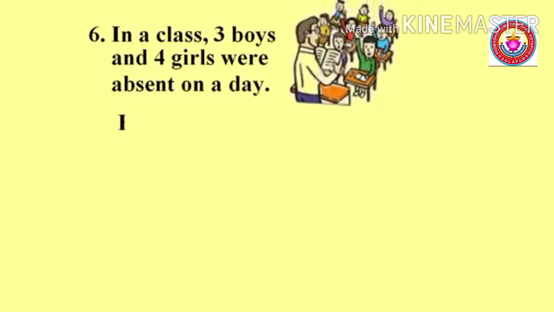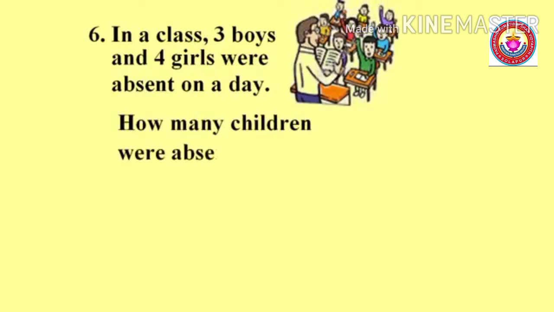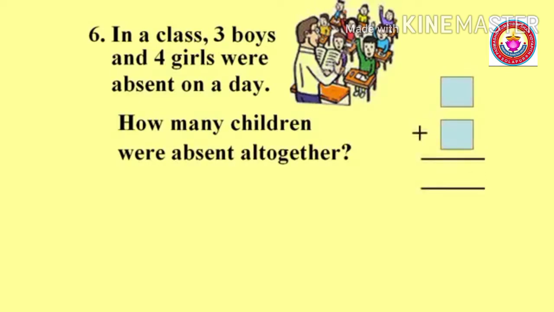Next, in a class, 3 boys and 4 girls were absent on a day. How many children were absent altogether? Now we'll write the number. 3 plus 4 is equal to 7. Answer: 7 children were absent altogether.